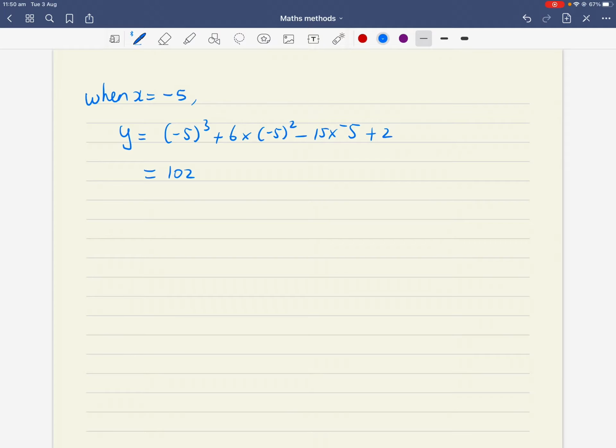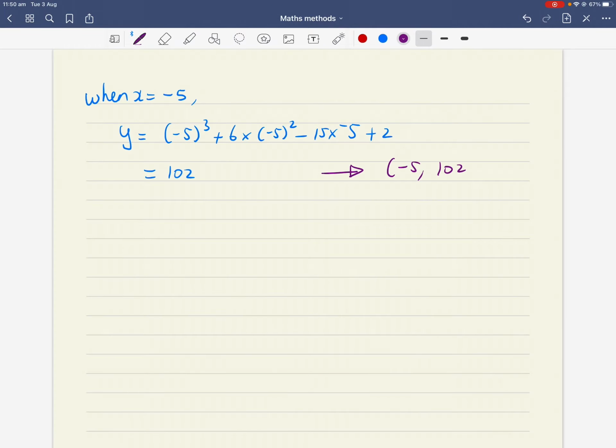That gets us 102. So that gets us a stationary point at (-5, 102). And then we can work out the y value when x is 1. That's the other stationary point.